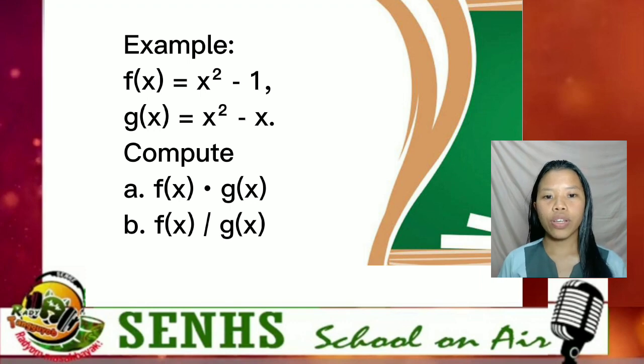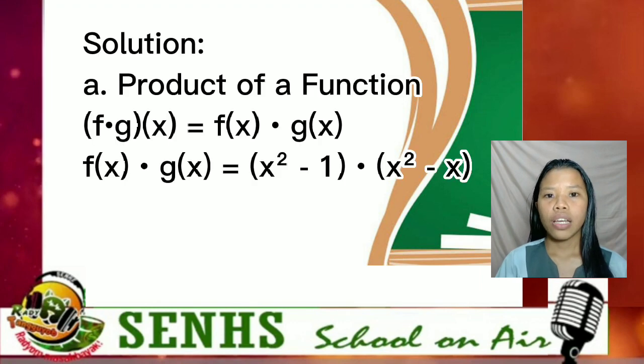Now let us try to answer this given example. We have f of x is equal to x squared minus 1, g of x is equal to x squared minus x. Now let us try to find the product and quotient of these functions. First, the formula for the product. So f times g of x is equal to f of x times g of x.